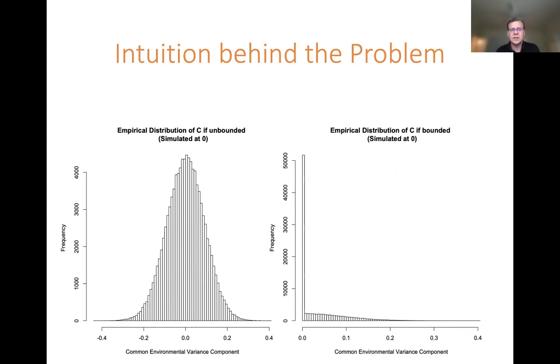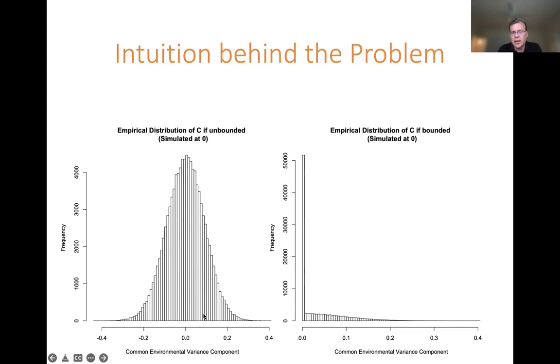So if we allow the variance components to be estimated in the direct symmetric matrix type of way, what we get is this nice normal distribution of C. Now remember, C is actually 0, but sometimes C is estimated to be negative, which may be nonsensical, but we would expect sometimes that the MZ correlations would be slightly higher or the DZ correlations slightly lower than we'd expect.